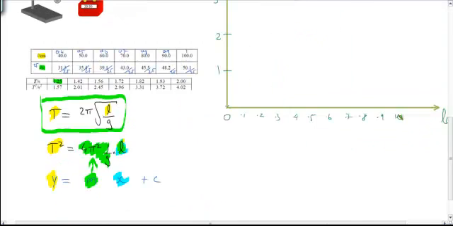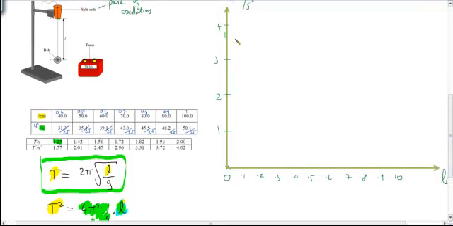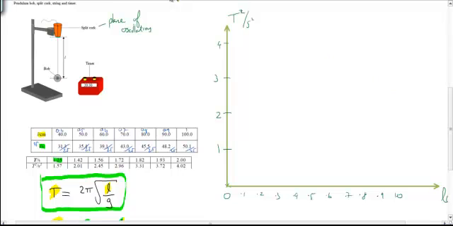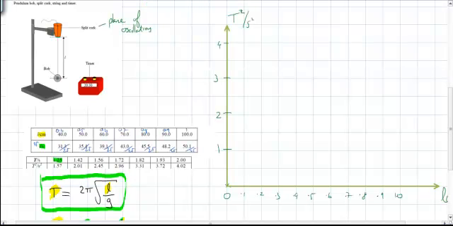We've got graph paper here. I'll just put a couple of points in just to prove that they make a straight line through the origin when you plot T squared against L. So to do that, let's have a look at our first point, which is 0.4, and our T squared is 1.57, so it's 1.57 and 0.4. It'll be somewhere about there.